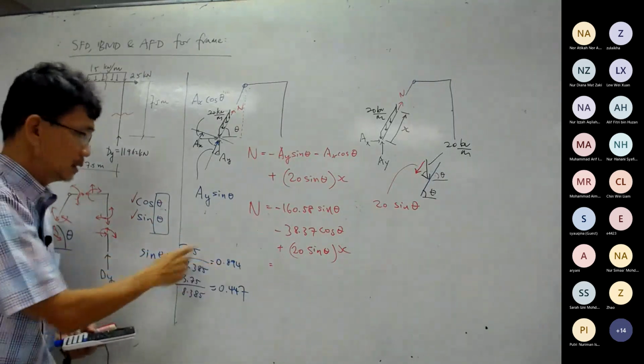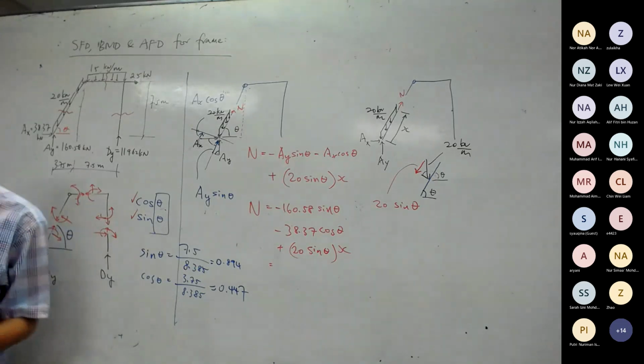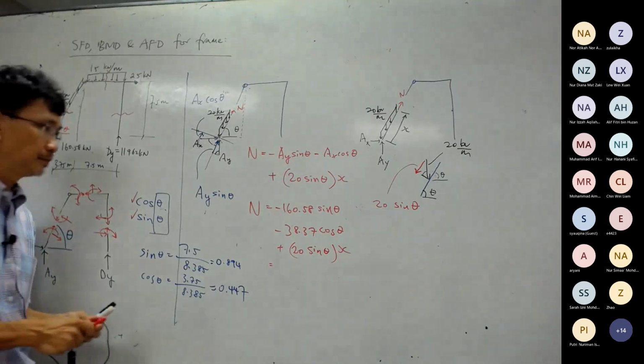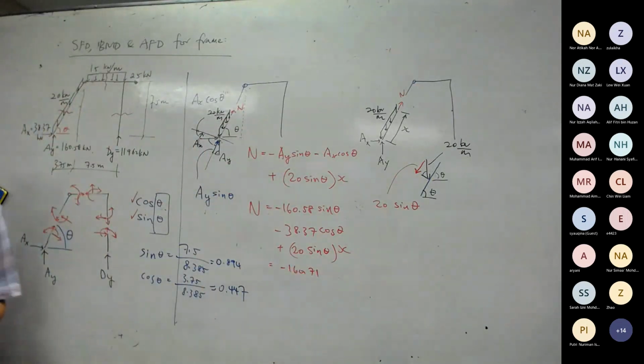So N will become, now you minus 160.58 multiplied with 0.894 minus 38.3, 447, 0.71, 1, 17.88.